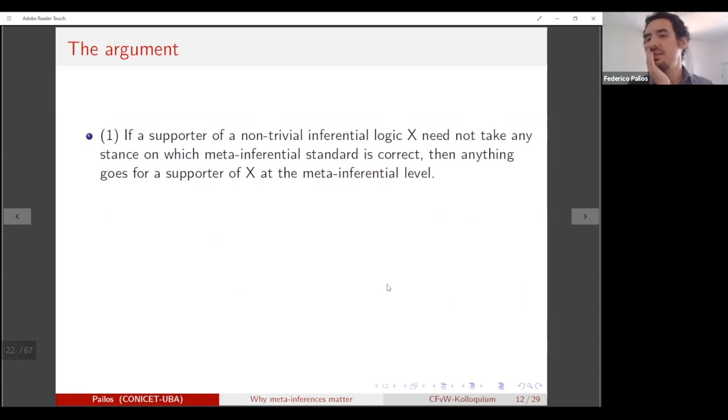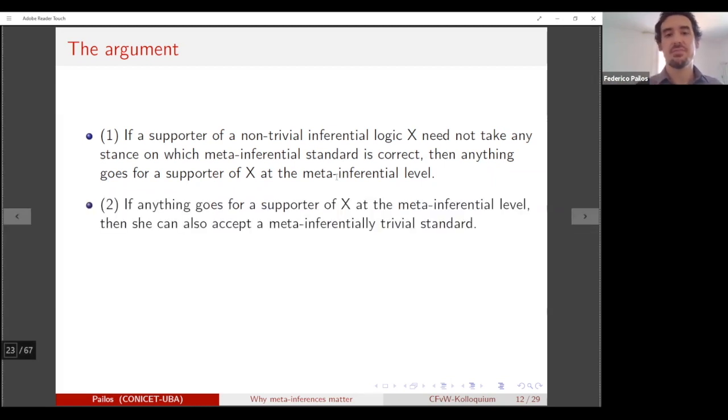So my argument is pretty simple and is the following. If a supporter of a non-trivial inferential logic X need not take any stance at all on which metainferential standard is correct, then anything goes for a supporter of X at the metainferential level. So she could be fine with any metainferential standard. But if anything goes for a supporter of X at the metainferential level, then she can also accept a metainferentially trivial standard.